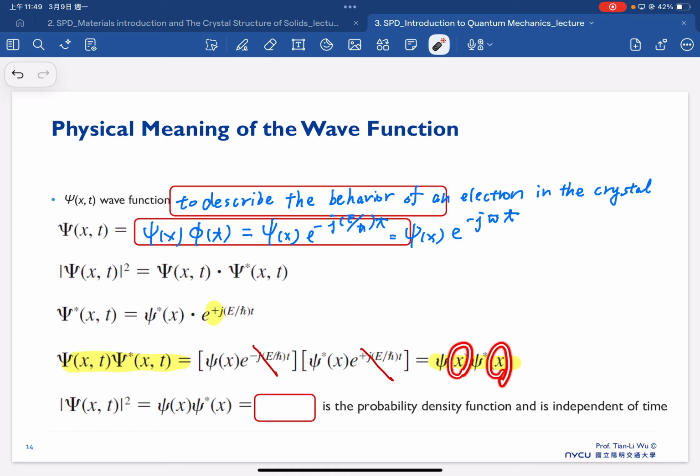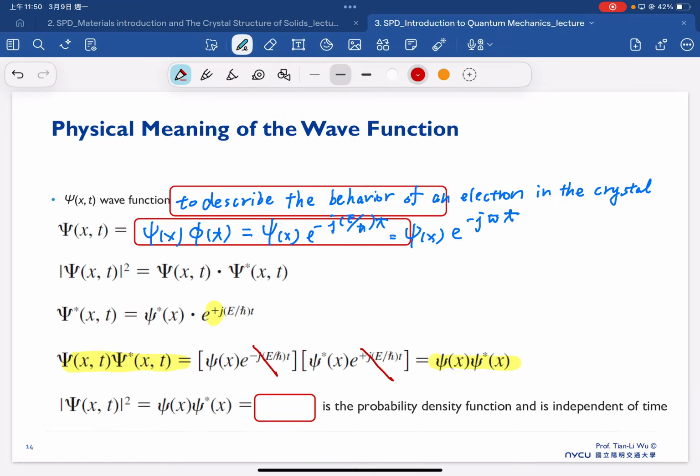So therefore, this wave equation with x, t squared in the end can be simplified as here.